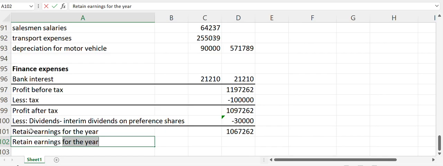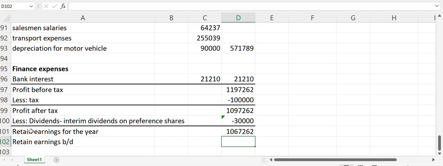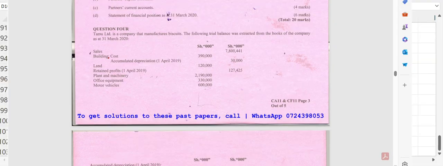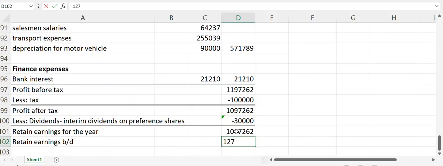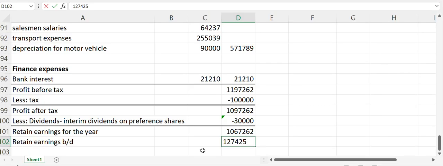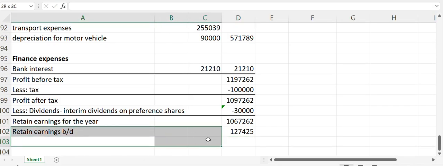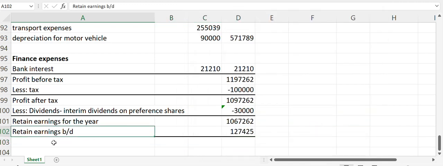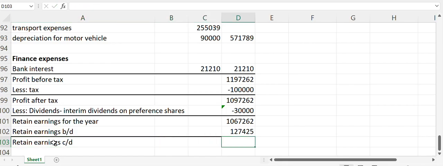Then we can now also add the retained earnings brought down from the previous years, and that one is there. Here it is, 1st April, it is 127,425. Let me confirm, 127,425 here. So that now you get what we call retained earnings carried down.